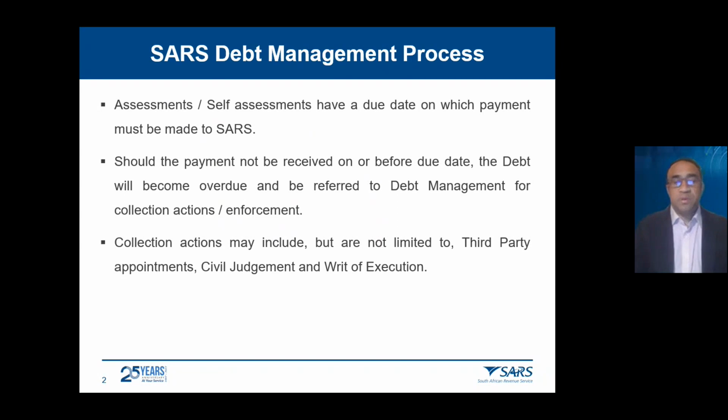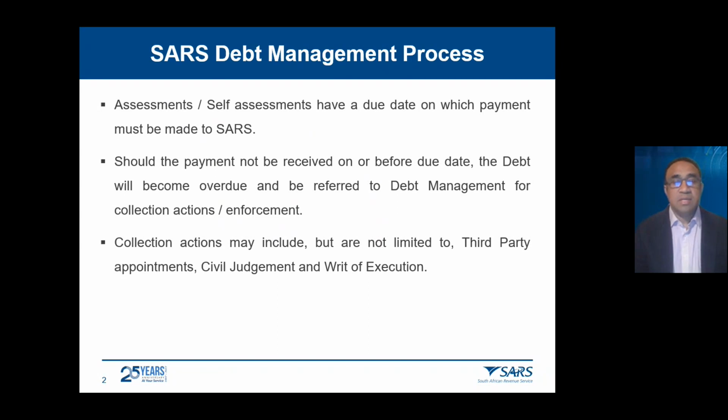Well, the start of the process is when an assessment or a self-assessment has been raised. Now remember, assessments are raised based on the information that is being submitted by the clients. Now, when these assessments have been raised, there is usually a due date accompanying that assessment.